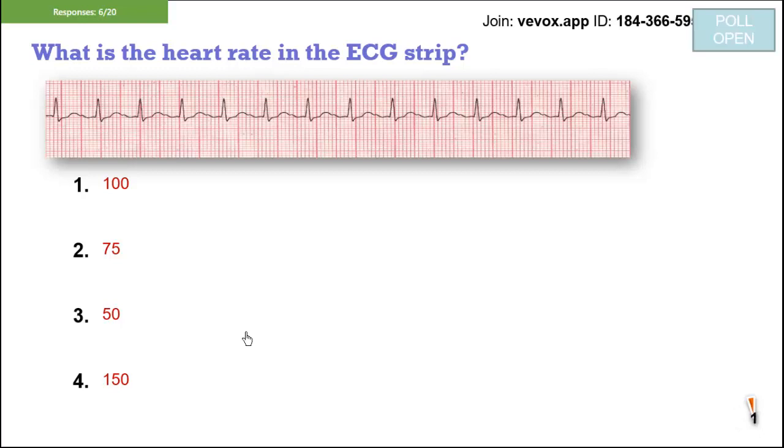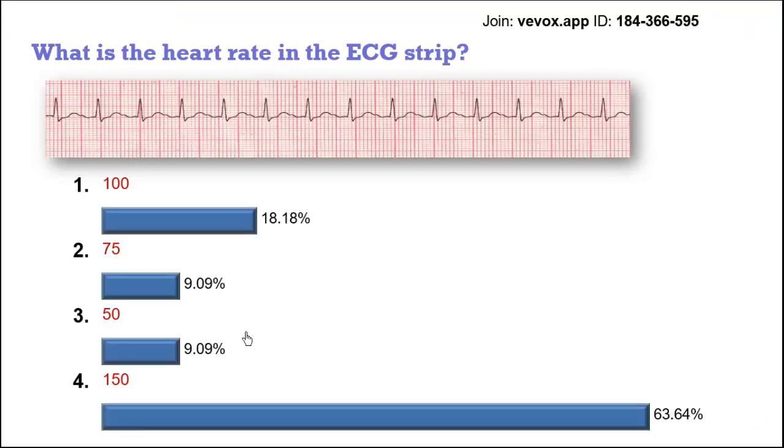I have only 6 people participating. 7, 9, 10 people. Great. So some people chose 100, 75, 50. Let's see the correct answer on your mobile or even here on the screen. So it's 150. Why is 150 the correct answer? I'm happy with this. You just participate and give the answer, and I will show you why.